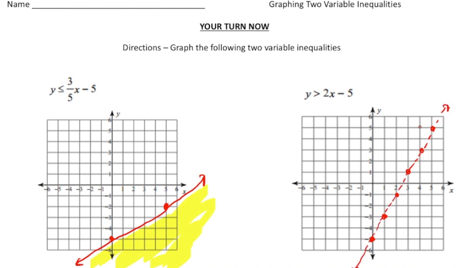Don't forget the arrows. Now we need to shade in the top part, because y is greater than. Here's the y-intercept, and for y to be greater, we need to go up, so it's going to be this side of the graph. All the values in the shaded region are solutions to the two-variable inequality. All right, how'd you do?